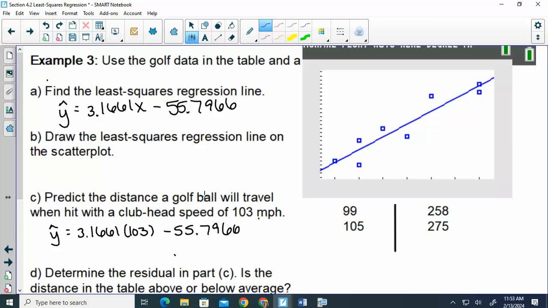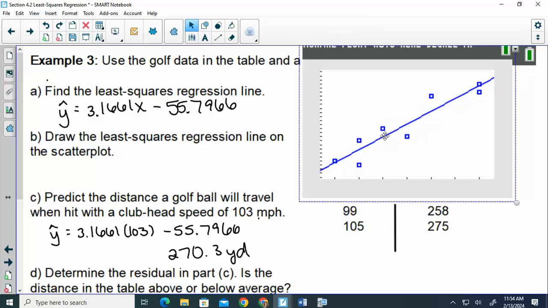And you get 270.3 yards. Everybody getting this? It's stuck on. Okay, hit second on. Just turn the calculator off and turn it back on. It should work. Sometimes they get frozen.